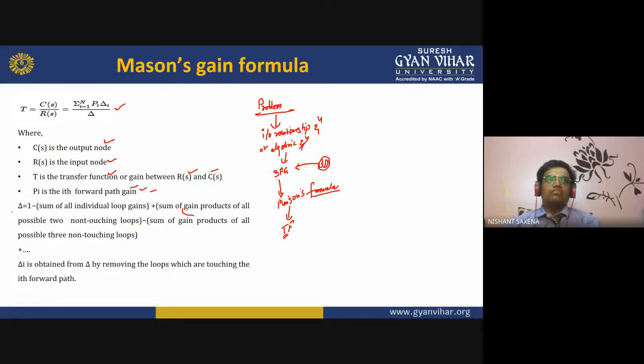We can say it is the net equivalent determinant of all the individual loop gains, all the individual possible non-touching loop gains, the gain products of all the possible three non-touching loops, and so on.